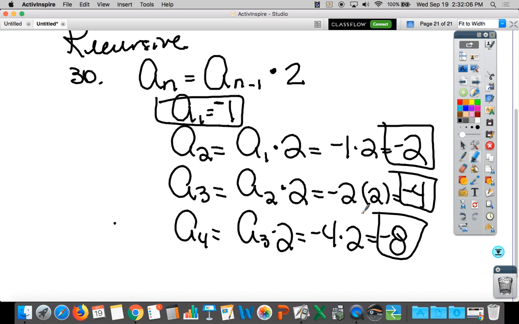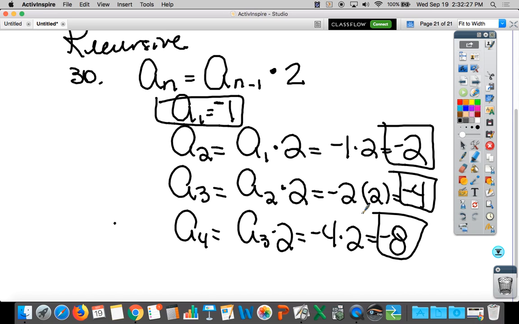In the recursive, they have to give you the first term, whether it be negative 1 or negative 10 or 300 or 1052. Whatever this tells you to do, the n minus 1, all you do is take the previous term and do what it says to do to it.